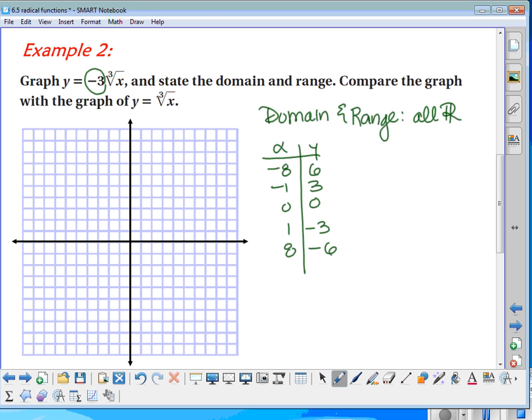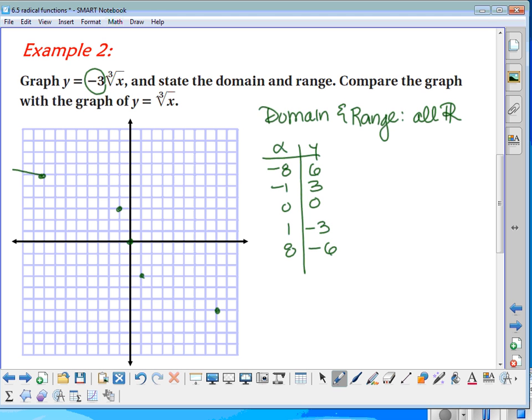And then you just plot the points. So -8, 6, -1, 3, 0, 0, 1, -3, and 8, -6.